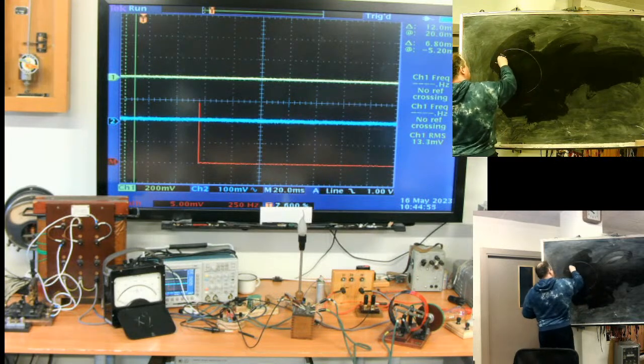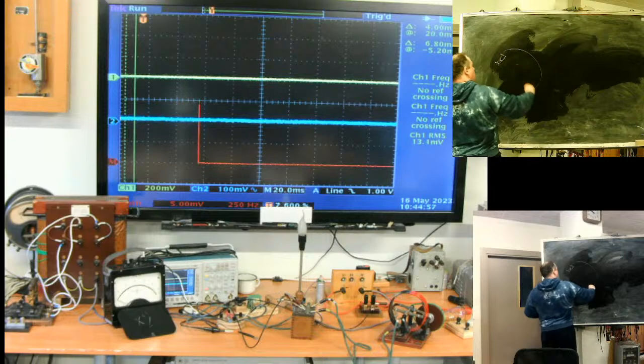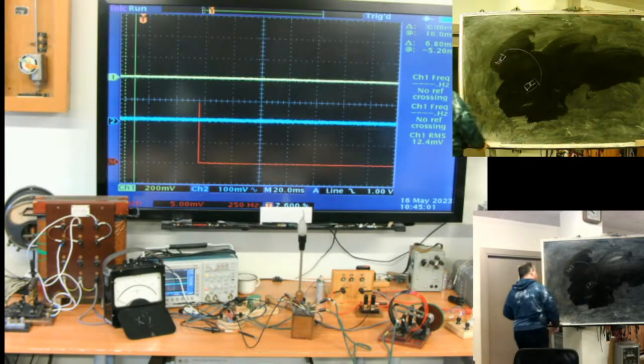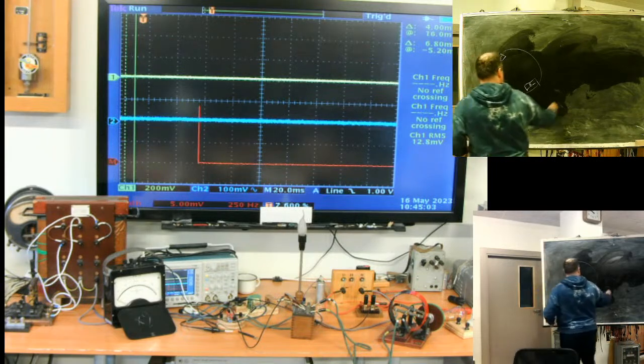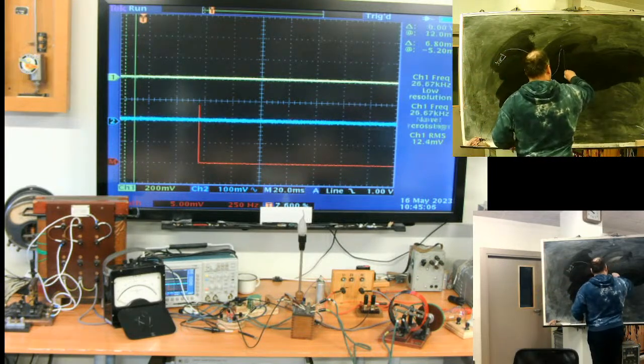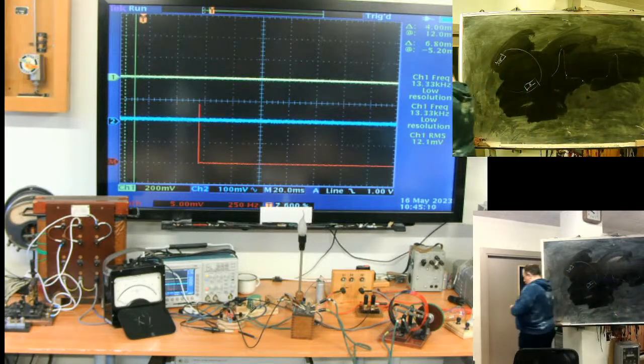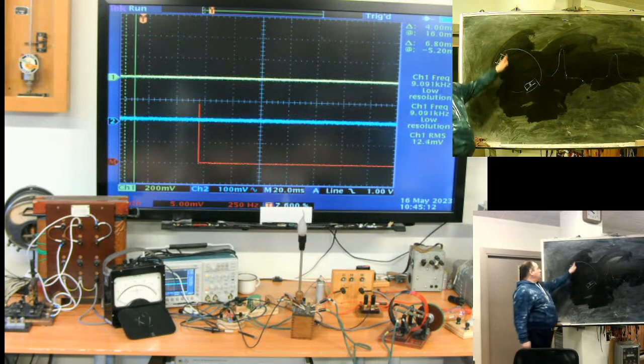I have one and a second like this. And we see something like this. What happens if I put another magnet here?